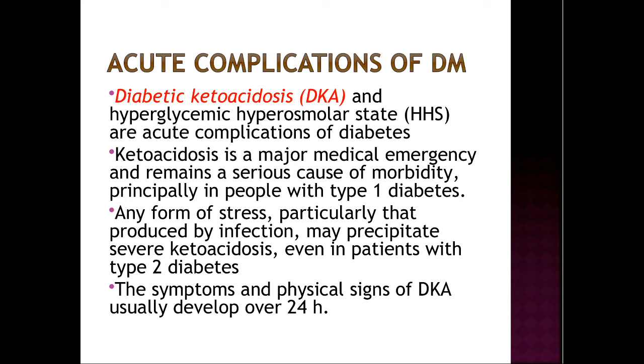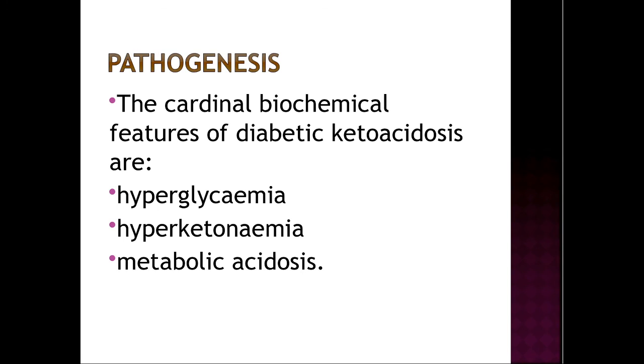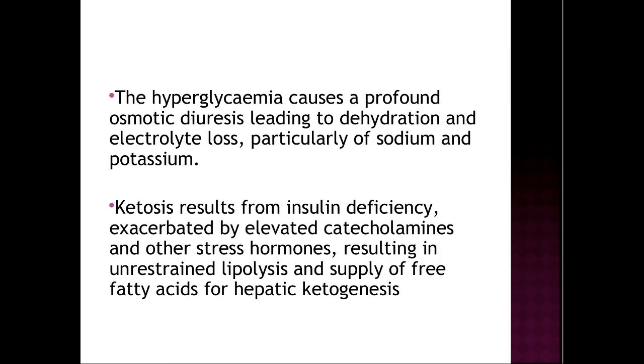The symptoms and physical signs of diabetic ketoacidosis usually develop over the first 24 hours. The cardinal biochemical features of diabetic ketoacidosis are hyperglycemia, hyperketonemia, and metabolic acidosis. The hyperglycemia causes a profound osmotic diuresis, leading to dehydration of the patient and electrolyte loss, particularly of sodium and potassium.